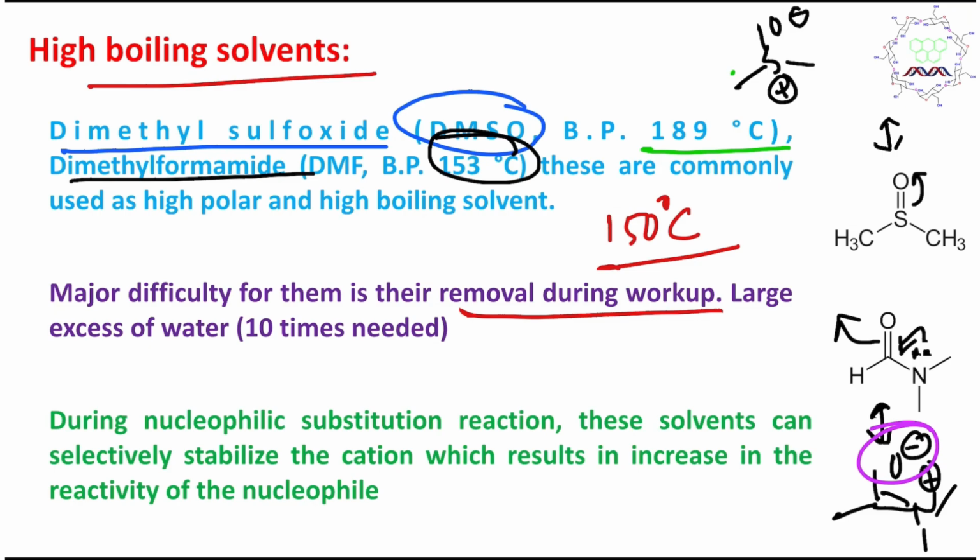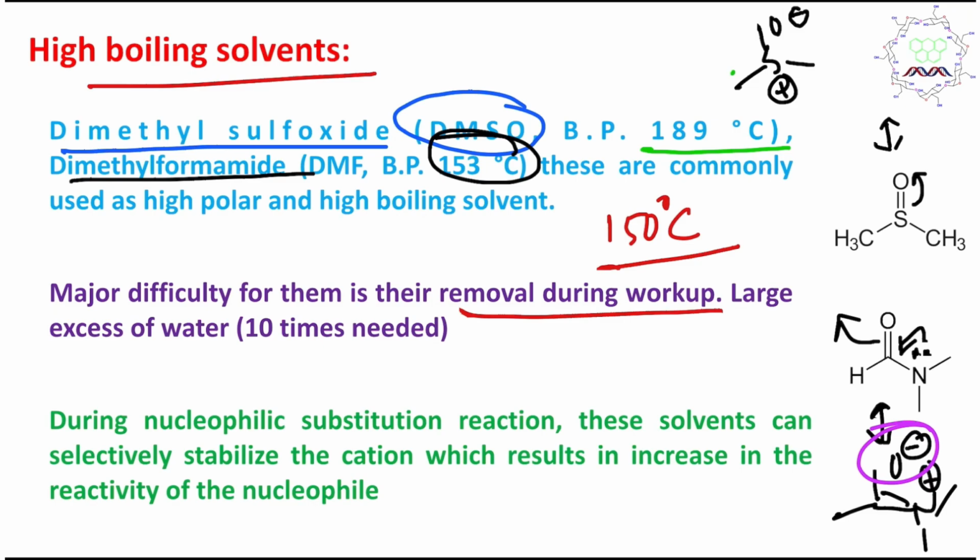So for that purpose, first, the DMSO use should be minimum, and second, in the container having the DMSO solution, 5 to 10 times water should be added, and allow it to stir. Then this water mixes with DMSO and the DMSO comes out in the water medium.